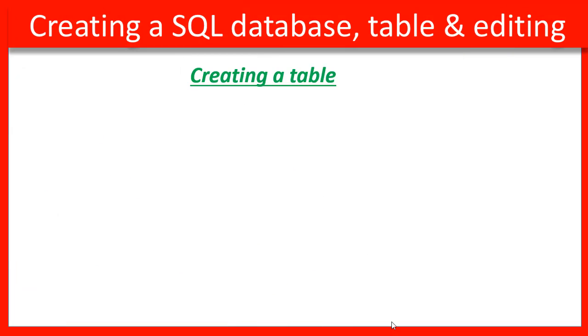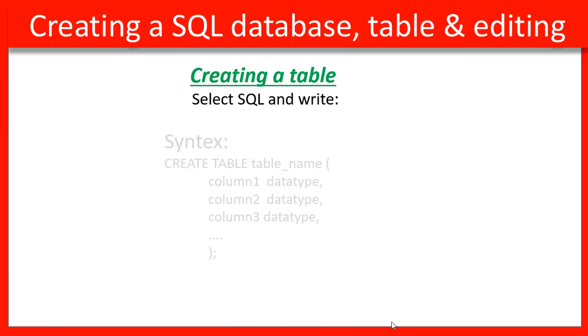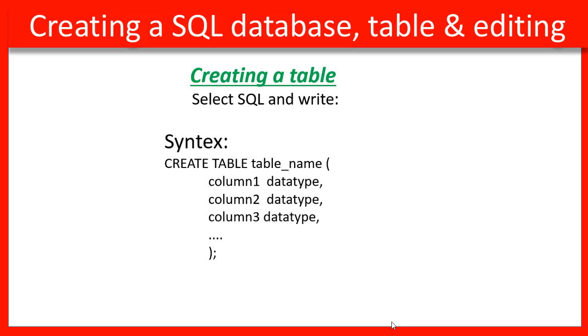Let's move on to creating a table. In our database, we should create a table to input data. The syntax is: create table, then here is the table name, column 1, and data type.